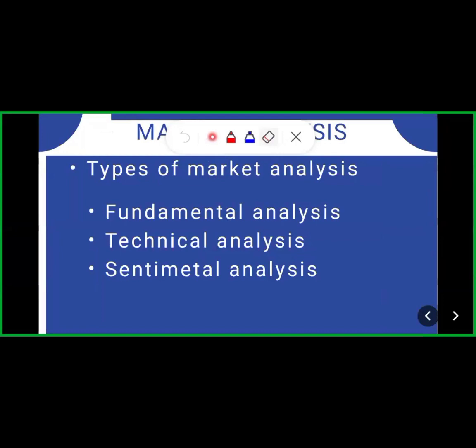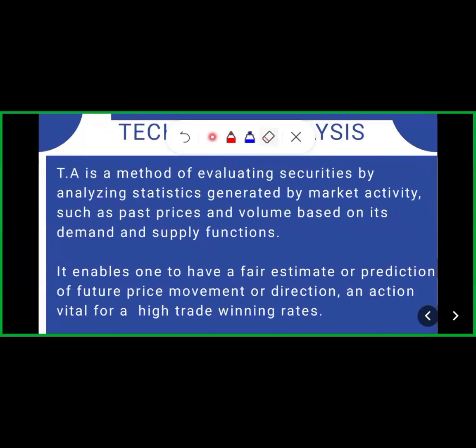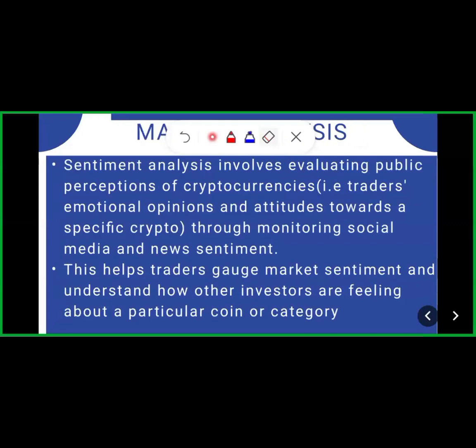Then technical analysis, which is our center of focus today, where you narrow down more into using market data regarding a particular coin to help you predict what the future price movement will be like.